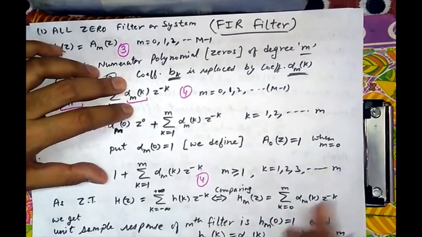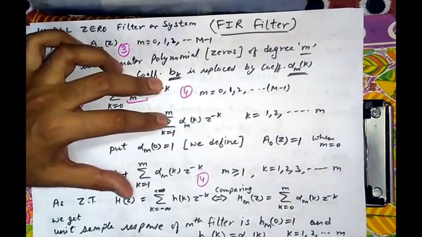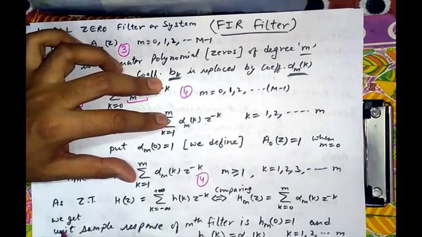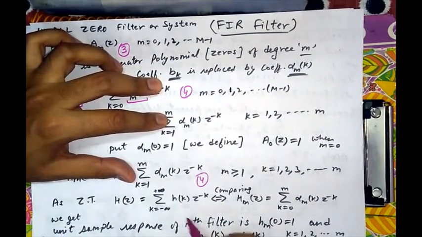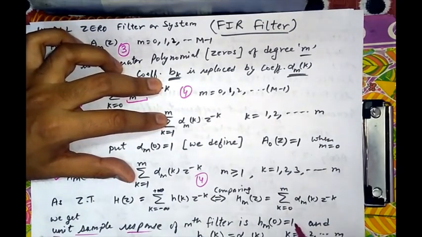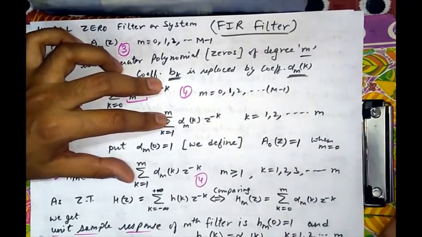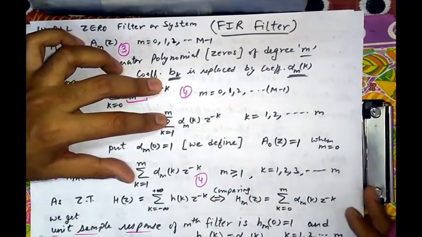Comparing these two, again I have already told you that it is a z transform pair. When we signify h, we call it unit sample response. And when we call it alpha, these are the coefficients of the filter, coefficients of polynomial or coefficients of filter.